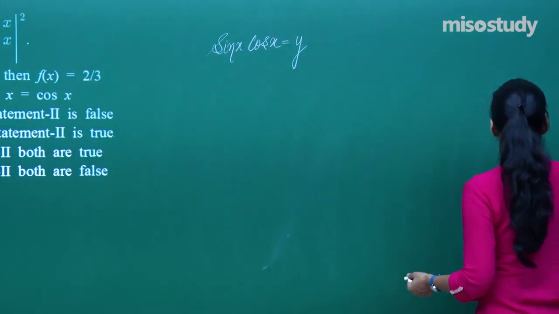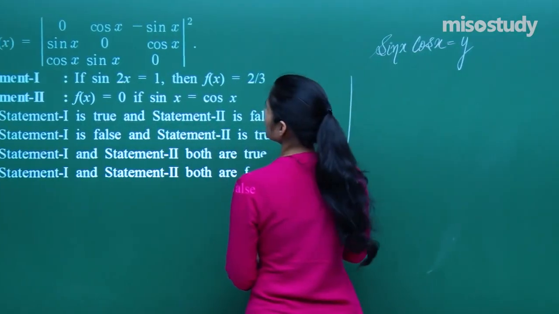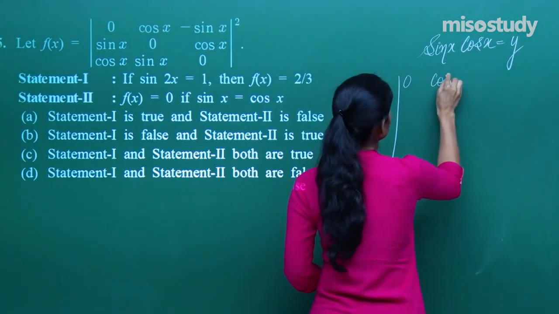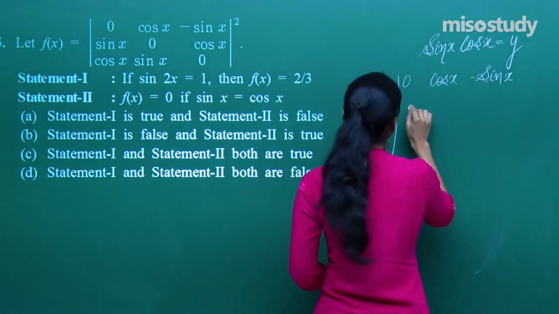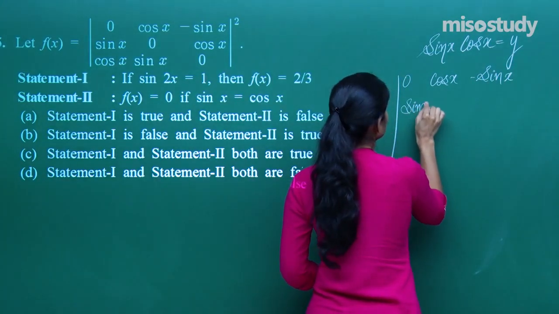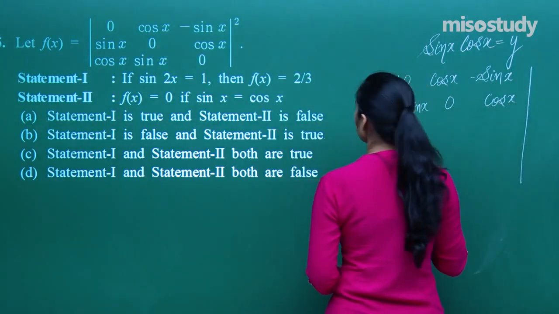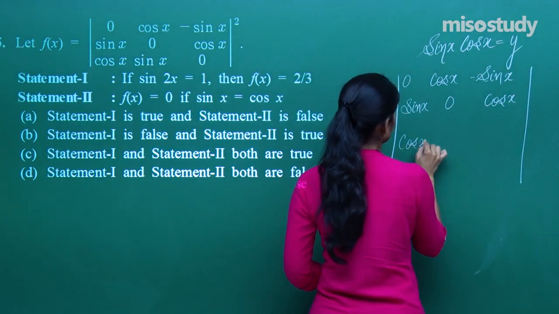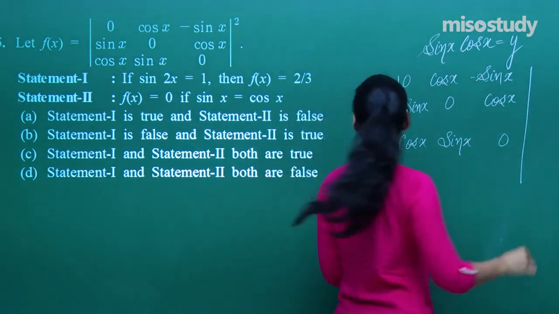Let us see. So, you should be aware about how to multiply two determinants. You have 0, cos x, minus sin x; then sin x, 0, cos x; and you have cos x, sin x, 0, right.